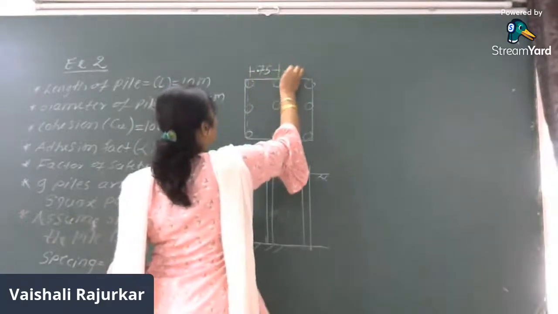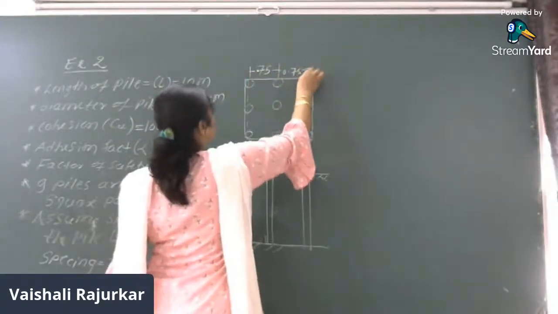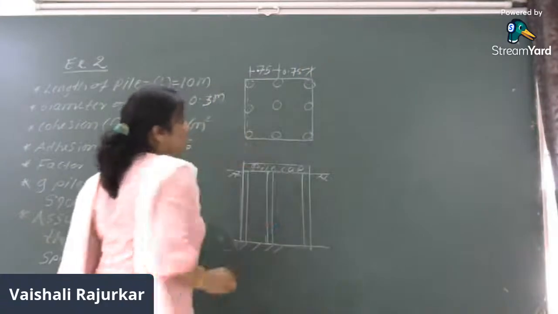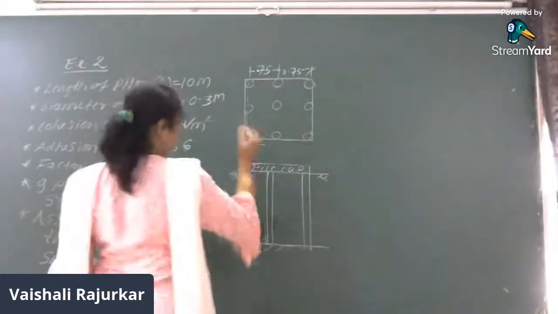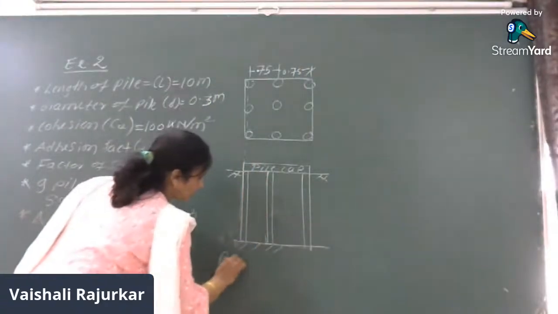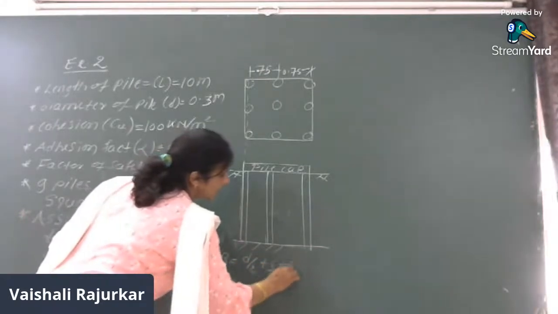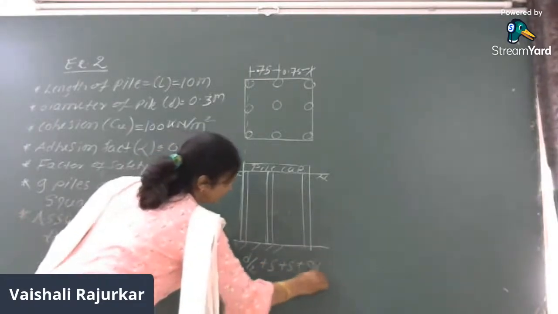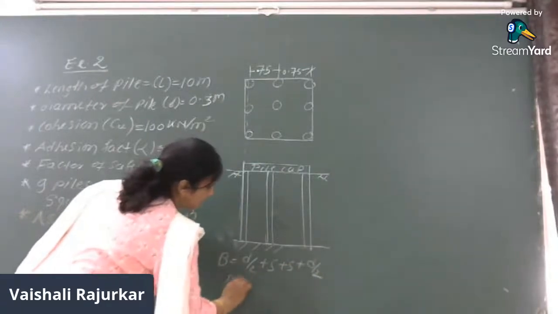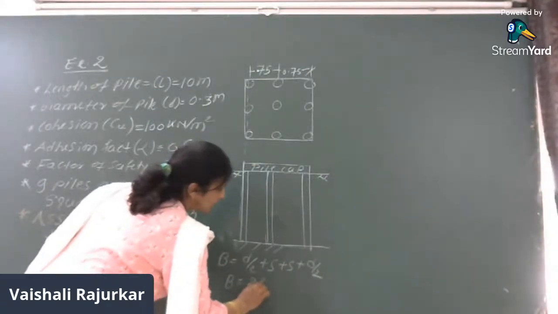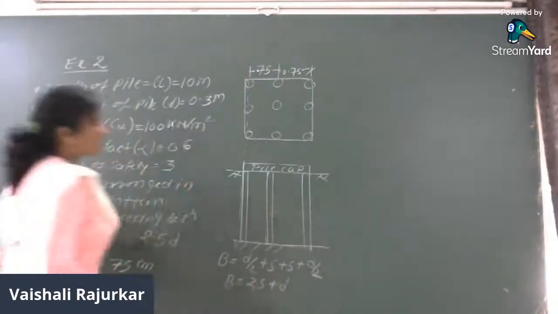0.75. Here it is 0.75, right? So what is B then? B is equal to B by 2 plus S plus S plus B by 2. So B is equal to 2S plus D. What is S?